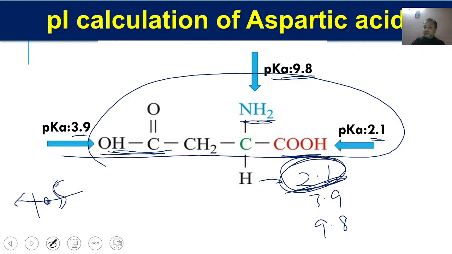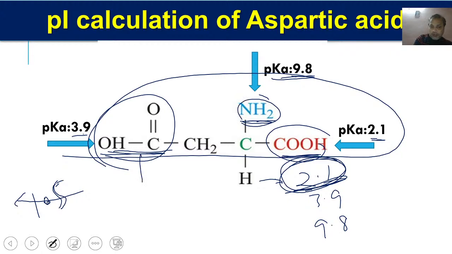Positive charge means which group can take positive ion? Can you tell me which group will take positive charge? This is an acid group, this is an acid group, this is an alkaline group.